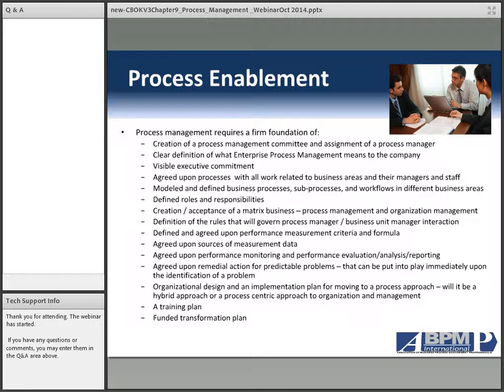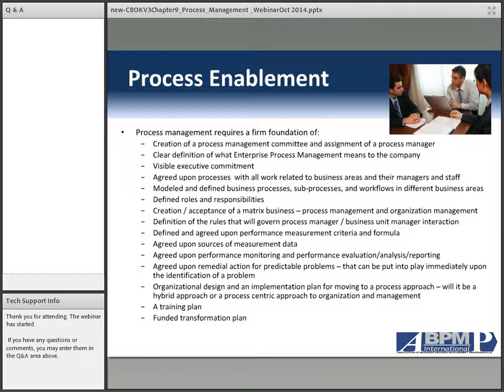You identify your process managers, and you identify your process owners. You would have, at this point, clear, visible, and that visible is important, executive commitment. Because if you have executive commitment that's not visible within the company, a lot of people won't believe what you have. So that visibility becomes critical in moving forward.